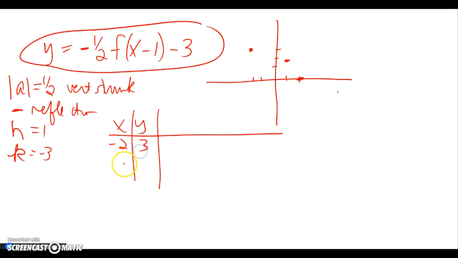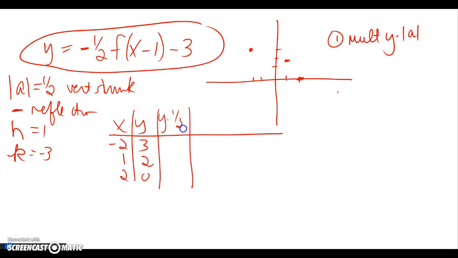Negative 2, 3, 1, 2, 2, 0. First step on that other page was multiply y by the absolute value of A. In this case, y times 1/2. So this will be 3/2, 1, and 0.